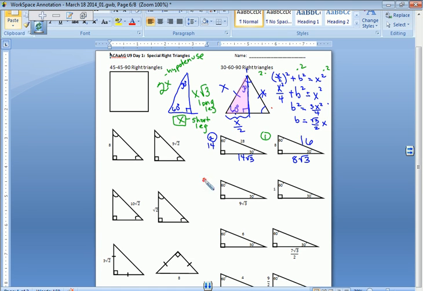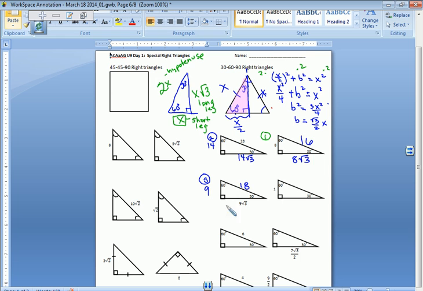Okay, let's look at the third type. The third type is where they actually give us the long leg. So what do we do to go back to find the short leg? You divide by the square root of 3, which just gives us 9, and then double it. 18 gives us the hypotenuse.